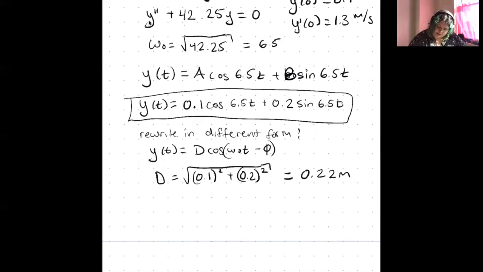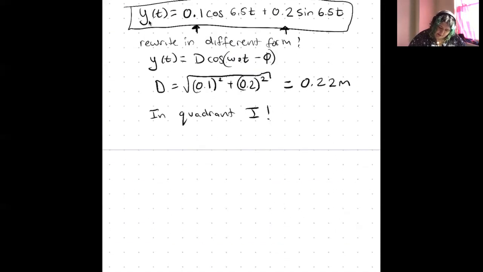Now looking at my coefficients, I can see that the first one is positive and the second one is positive, so we're in quadrant 1.